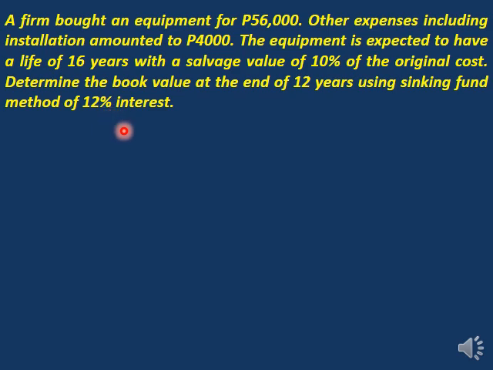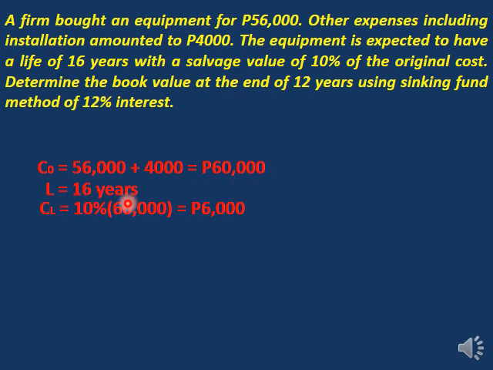Okay, the initial cost of our equipment is equal to 56,000 pesos. This is the cost of the equipment plus the installation cost of 4,000 pesos. So the initial cost of the equipment is 60,000 pesos. The life of this equipment is 16 years, and the salvage value is 10% of the initial cost.